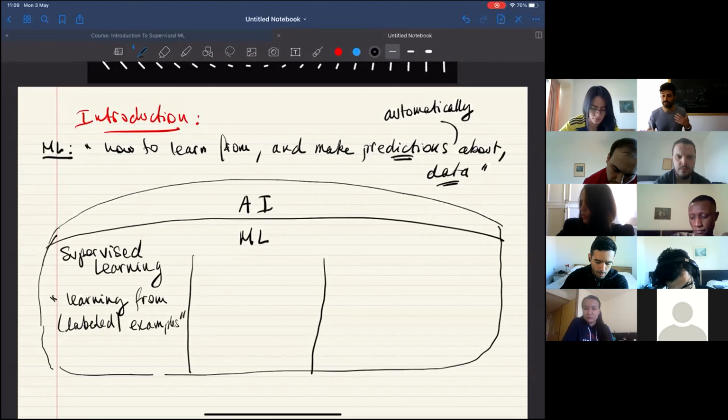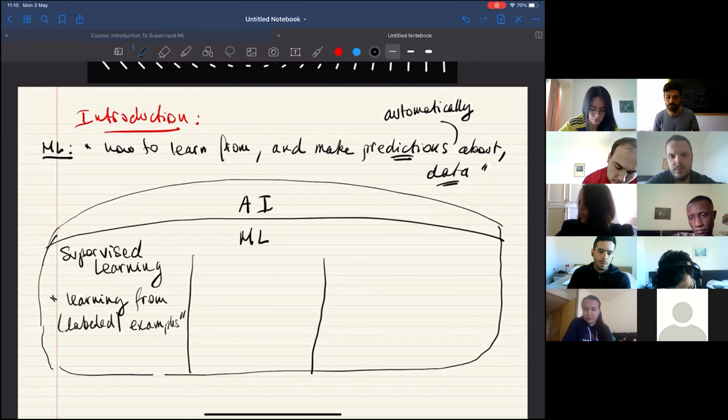So it's procedures that are fed with many, many examples. Examples depend on what problem you want to solve. For instance, you want to distinguish automatically between images of dogs and cats.